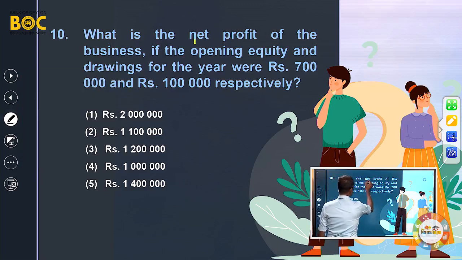You have to calculate the profit for the year, assuming opening equity 700,000 rupees, drawings 100,000 rupees.